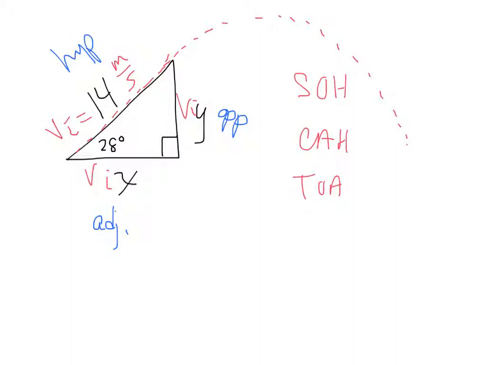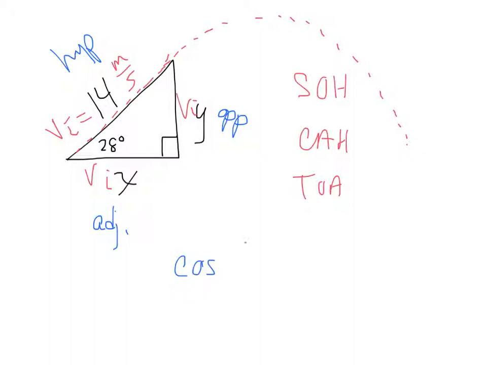So if we were to determine VIX, what equation would I write to figure out VIX? You don't have to give me the solution, but give me the setup. Which of the trig functions I'm going to use, what it would look like. Yes, it would be CAH, or cosine. Very good. So let's write this out.